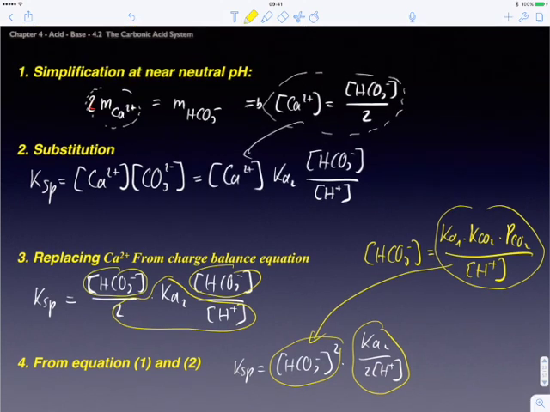Again, this is the same equation here. You're finding it back, and this is your PCO2, and you're replacing this bicarbonate by a set of constants and the concentration of H+ that you can actually know.